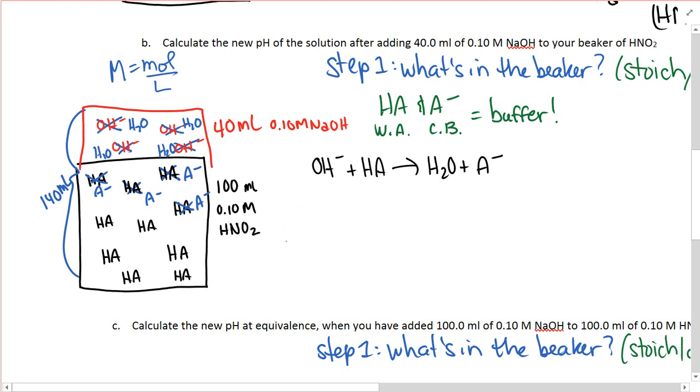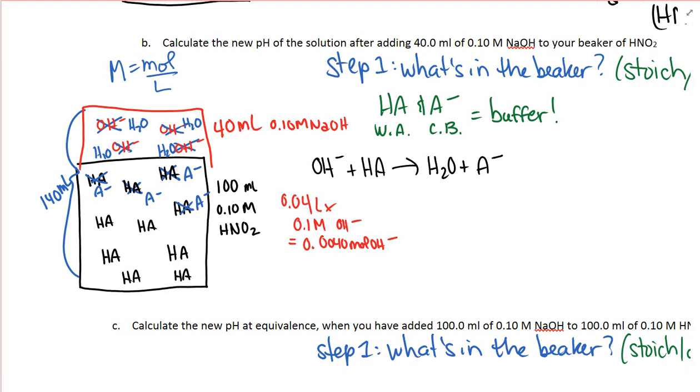I added 0.04 liters of 0.1 molar hydroxide ions. So that means I had 0.0040 moles of hydroxide. And I represent it in this picture by drawing 4 of them.